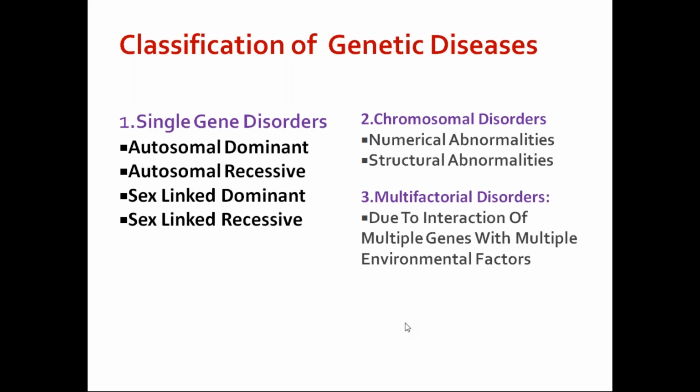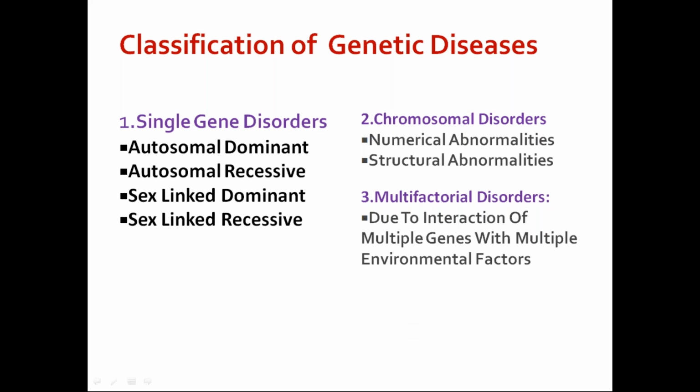Classification of genetic disorders. These are mainly three types. First, single gene disorders, a problem in a single gene. Second, chromosomal disorders, maybe due to a duplication or deletion of the chromosome, some part of deletion of chromosome. Third, multifactorial disorders, which have multiple risk factors that over a long time produce some genetic abnormality.